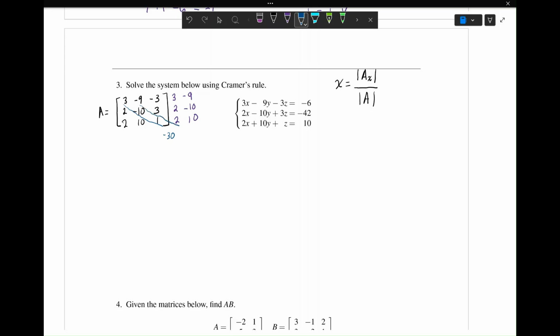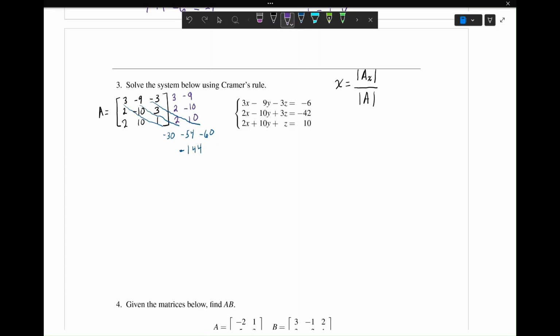This second diagonal is going to give me negative 54. This third diagonal is going to give me negative 60. If I add those together, I end up with negative 144.